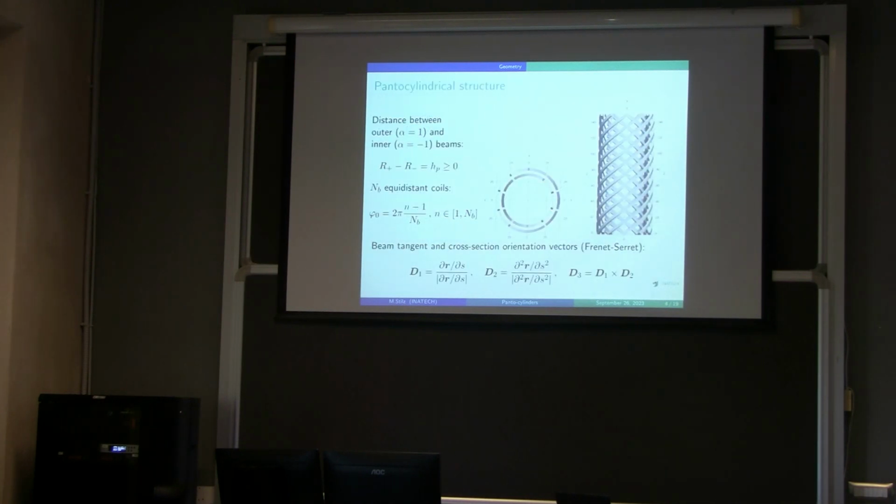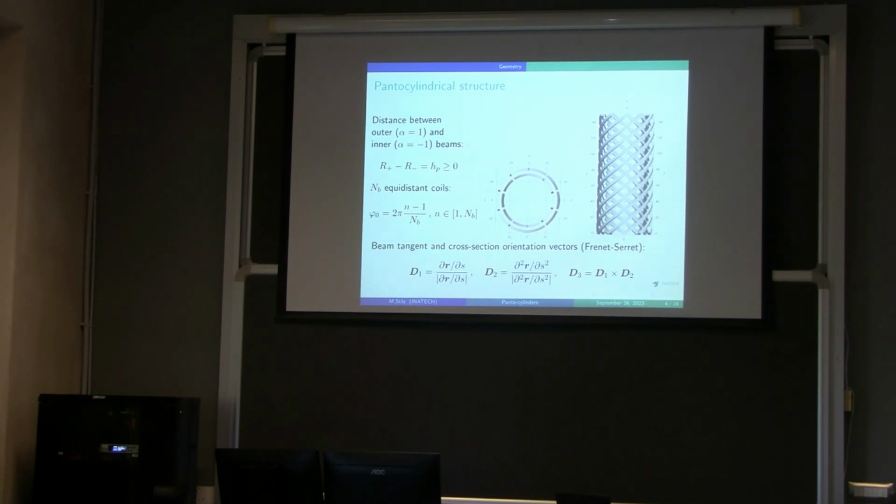The pantographic cylindrical structure is simply helices, where one layer is clockwise and the other is counterclockwise. They also need an offset, so their radii have to be different, and then we can just use a number of equidistant coils, and we get a structure like this.